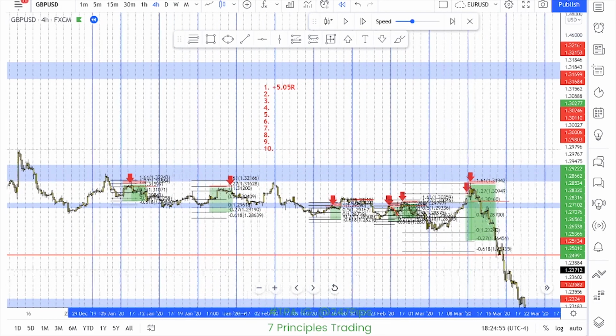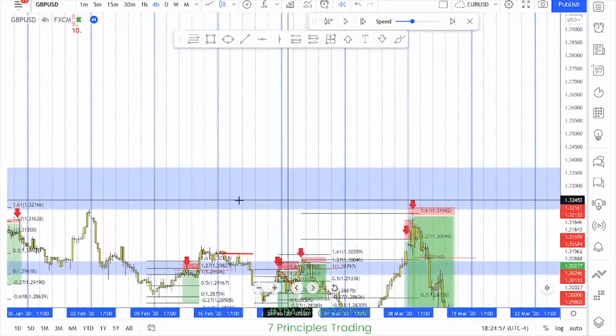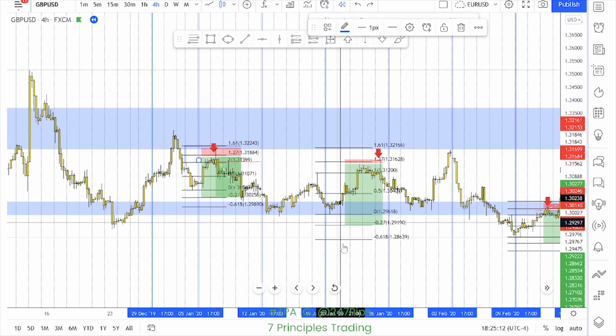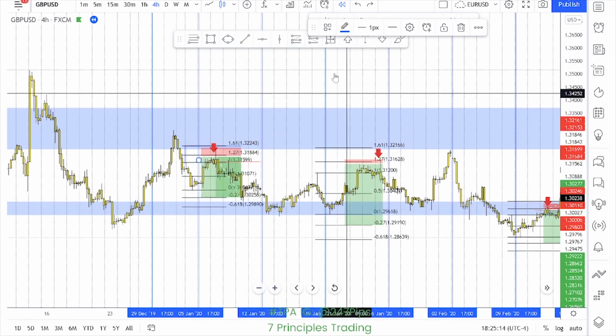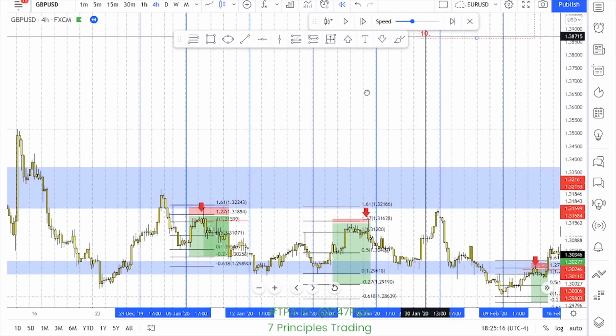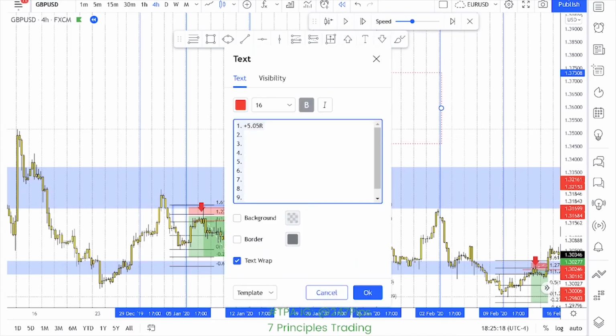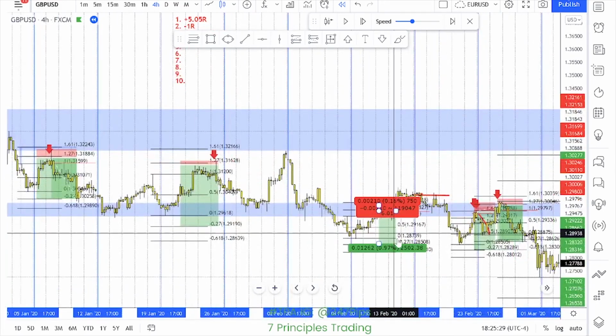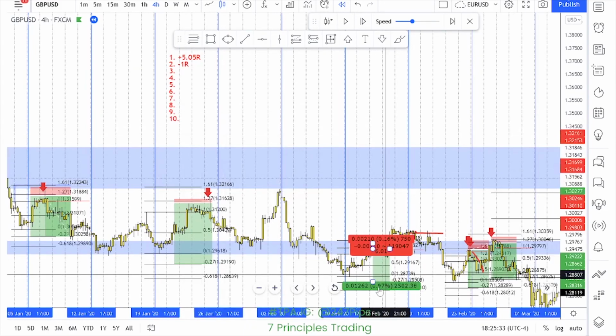So let's zoom in on the trades that we took. This was the first trade. Our second trade, we have the stop loss hit. So that is going to be negative 1R. Okay, moving on to the next trade that we took, which is going to be just about a break-even trade.